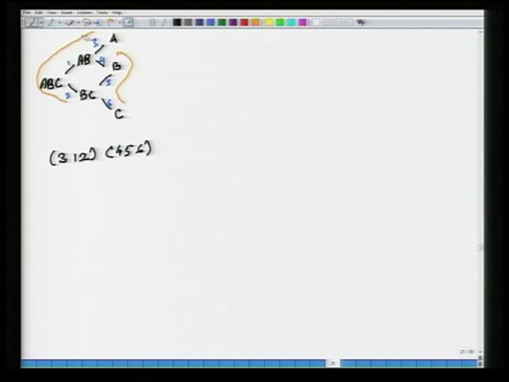Okay. So let's do it. I've got the first tower, which takes in ABC feed.